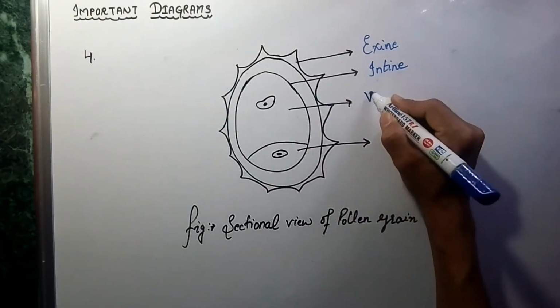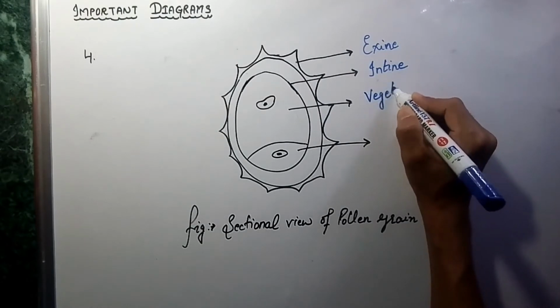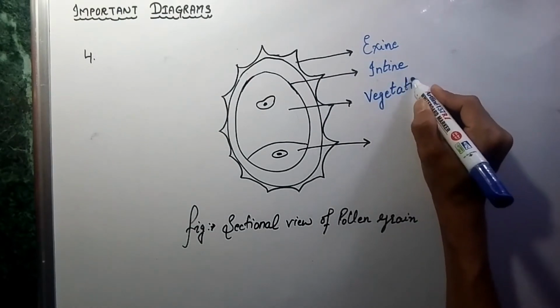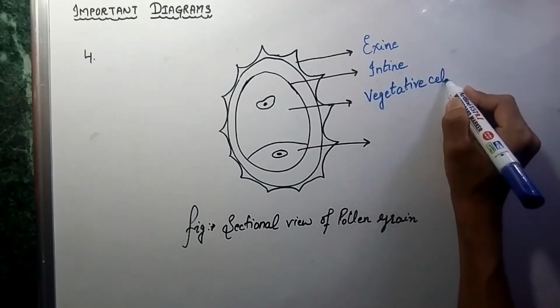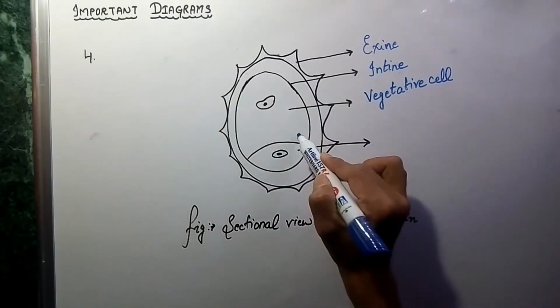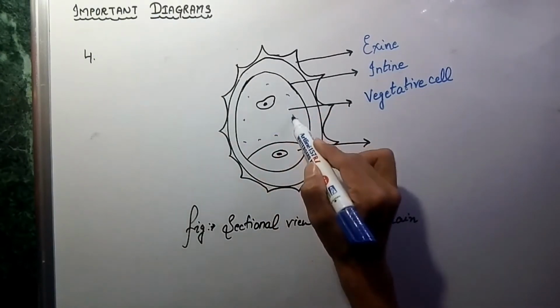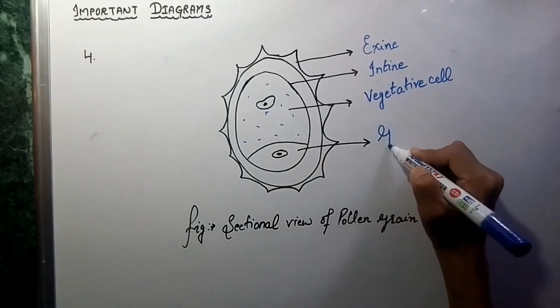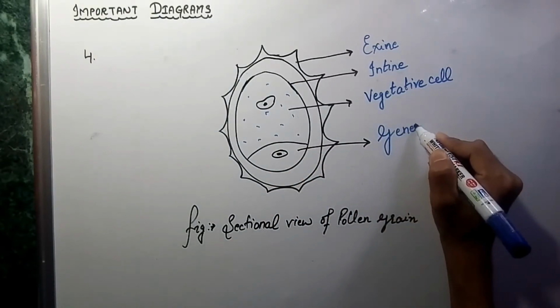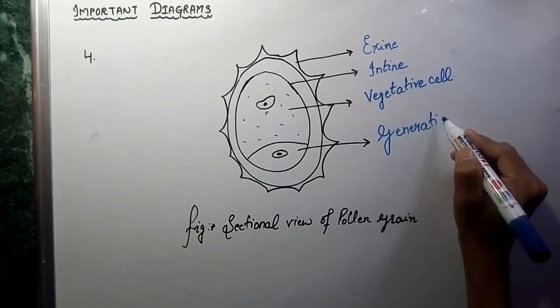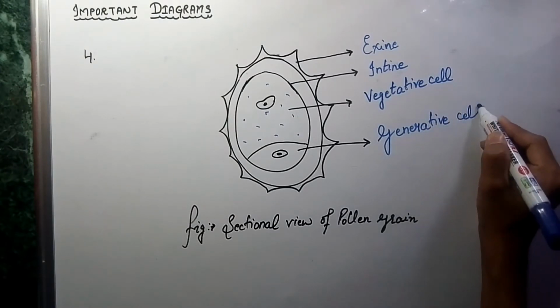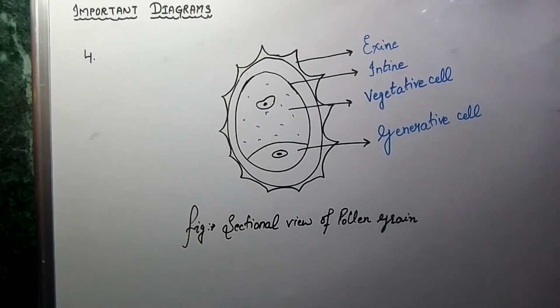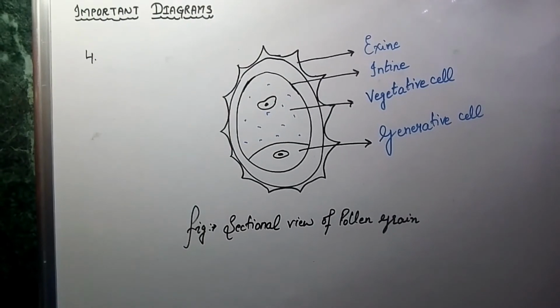The very first part is our vegetative cell. And the next region is our generative cell. So this is the sectional view of a single pollen grain.